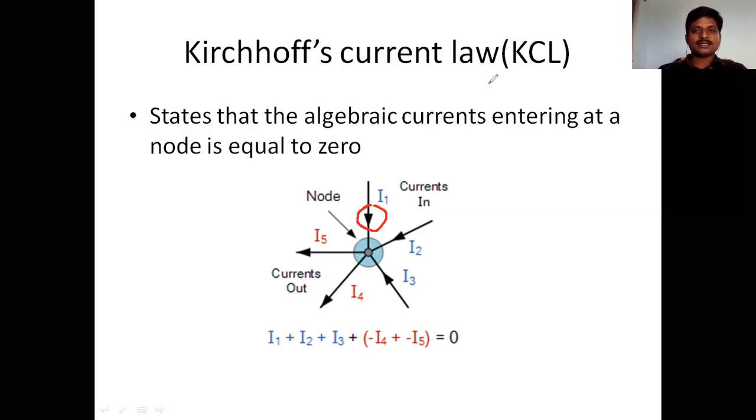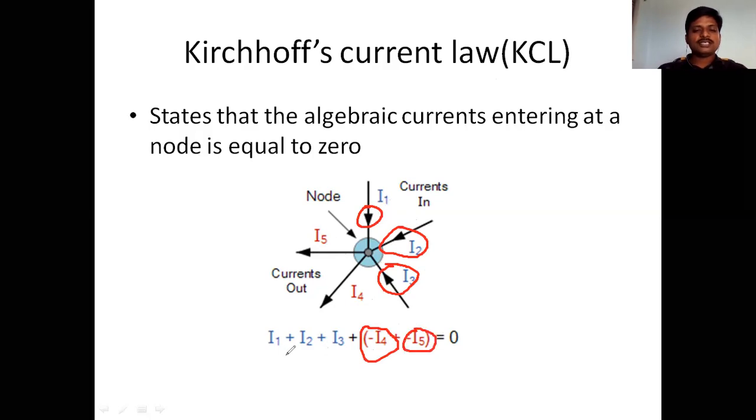So here in this example, what we have done is we have taken entering current as positive. Here I2 is entering, so plus I2, plus I1, plus I3, and the remaining two currents are leaving, so you have to take plus of minus I4 and plus of minus I5.